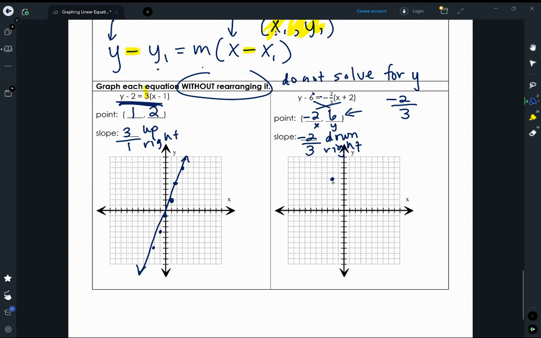And then from that point, I want to count down 2 over 3, down 2 over 3, down 2 over 3, as many times as I can. And remember, we can kind of reverse that, go up 2, 3 left to get to the points on the other side of the y-axis. And then I want to connect. Really got to figure out that line tool, but not super worried about it today.